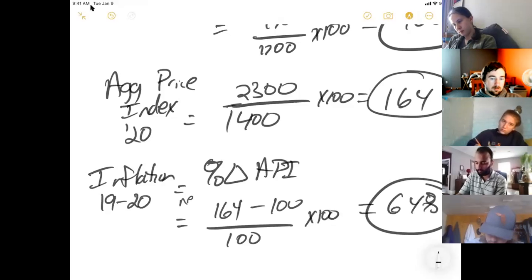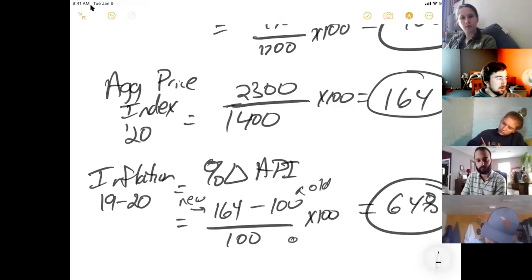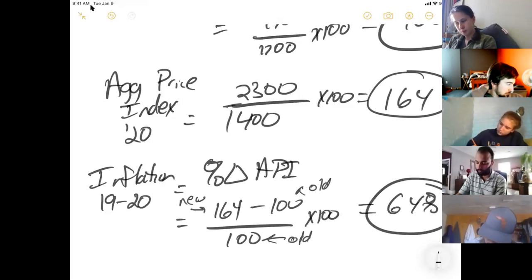Once again, remember, it's always the new minus the old, and we always divide by the old because we always are interested in where we came from. We want to express our growth rates relative to where we came from, meaning the oldest observation.